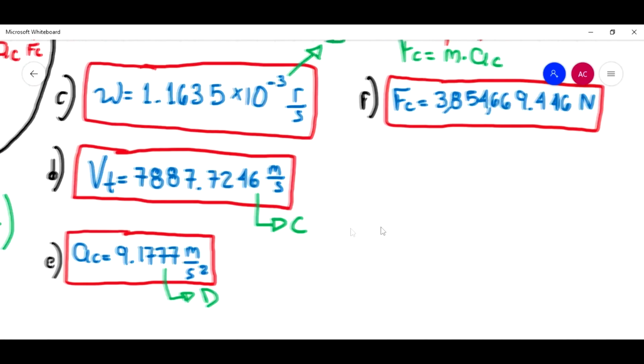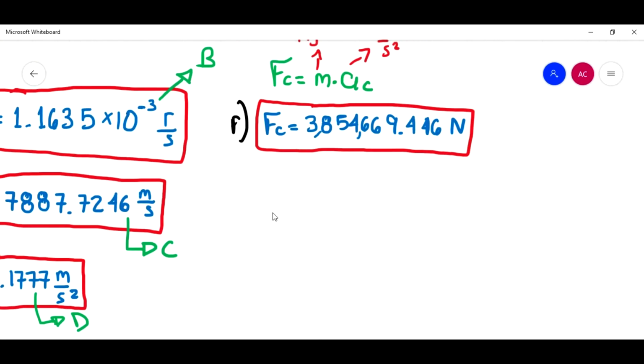Okay, so there is an equation, and I'm gonna write it over here. That says angular displacement equals distance over radius. Okay, so I cannot use that equation because I don't know the angular displacement, and also I don't know the distance. So there is another equation that says tangential velocity equals the linear distance in meters over the time.